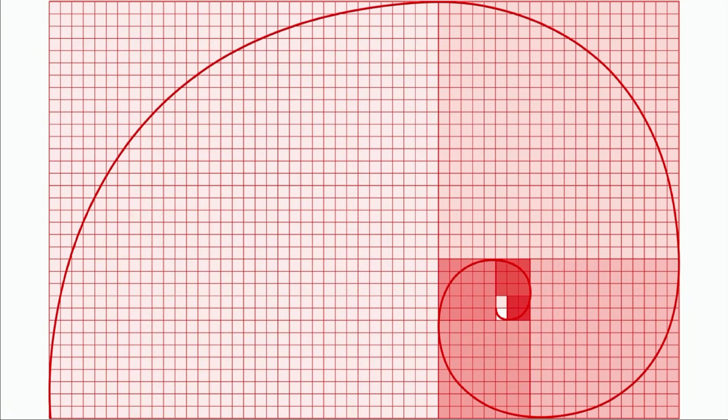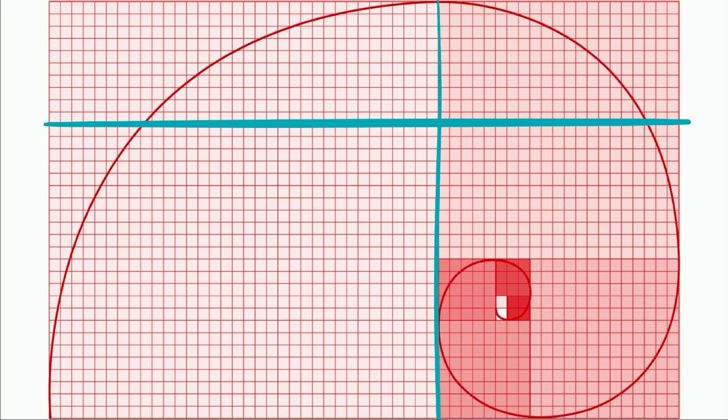So the golden ratio is basically a mathematical ratio, and it's very closely related to the Fibonacci sequence. In short, and don't lose me here, if we take the overall length of this, and we have the short side here and the long side here.